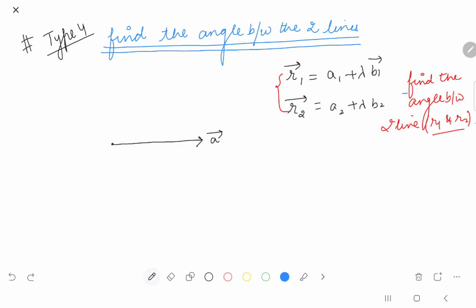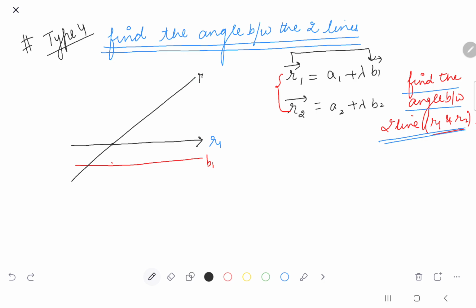Now, when it wants me to find the angle between the two lines R1 and R2, what exactly does that mean? I have this line R1, and R1 is parallel to B1. And R2, this might be R2, is basically parallel to B2.